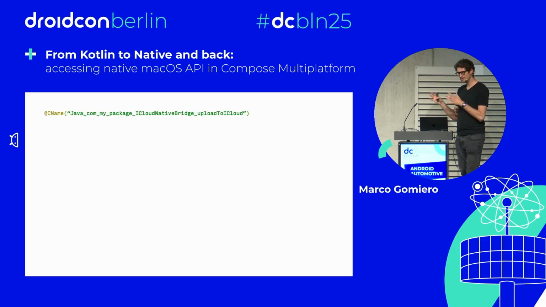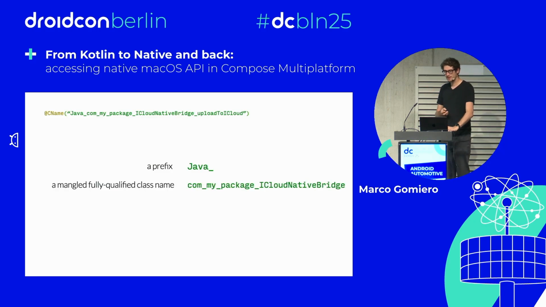Basically, there's a predefined structure that we need to follow. The first part is a prefix that is just Java underscore. That's by default, we have to have that. Then there's the fully qualified name of the class that will contain the methods that we are going to use. We're going to see in a second what this class means.